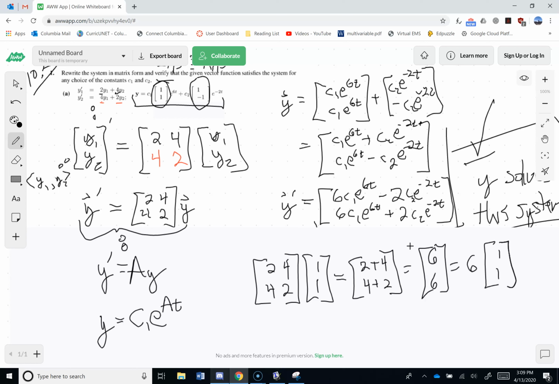Does anybody recognize this thing from linear algebra class? Okay.